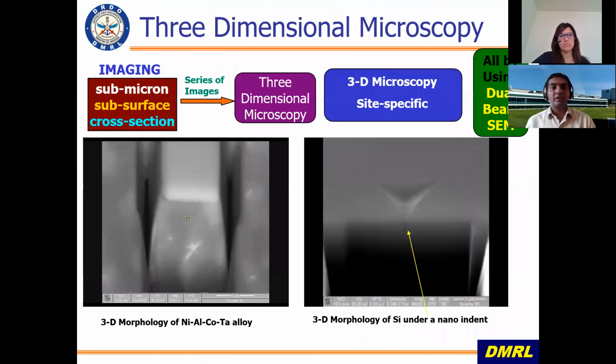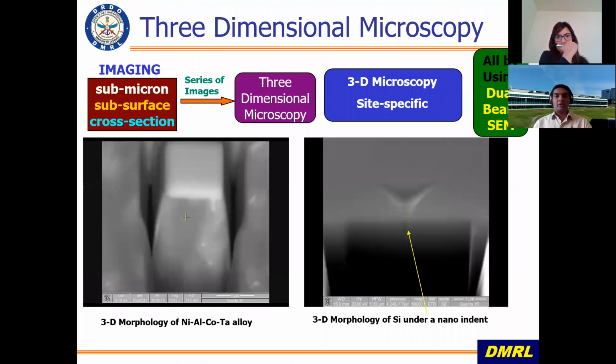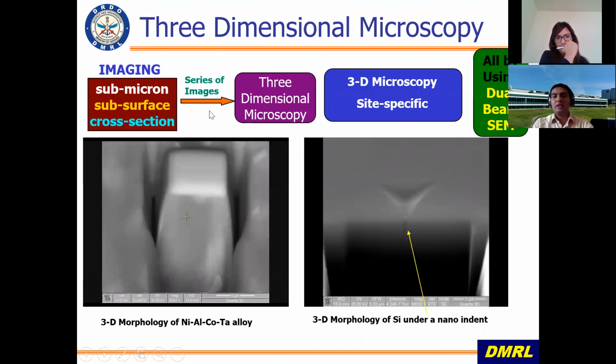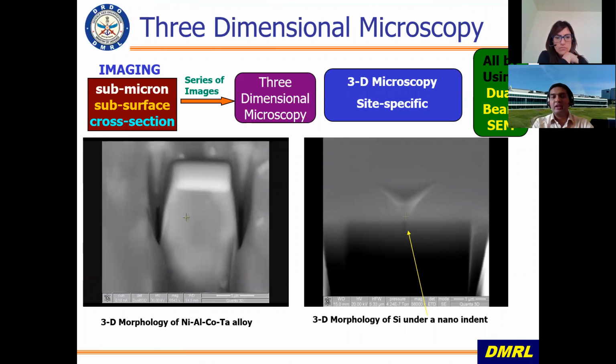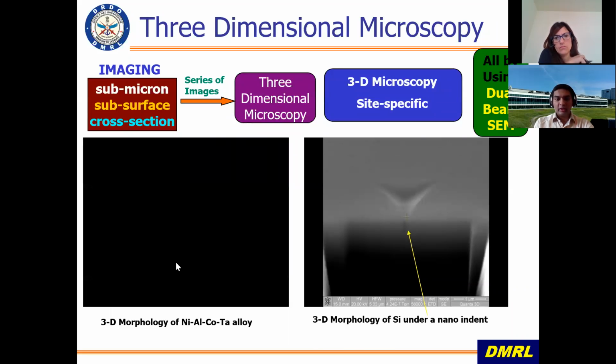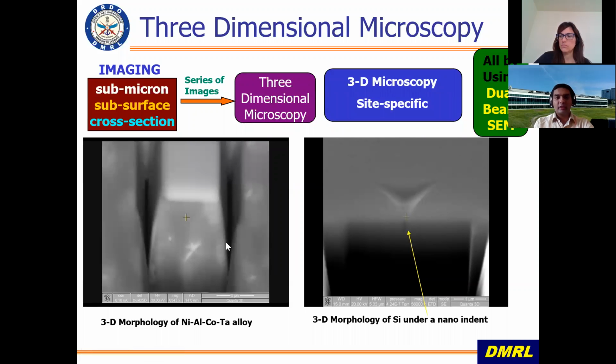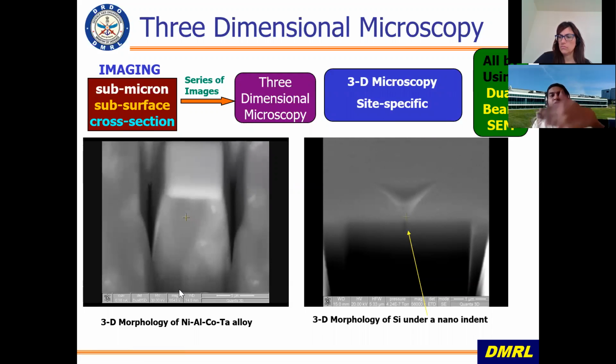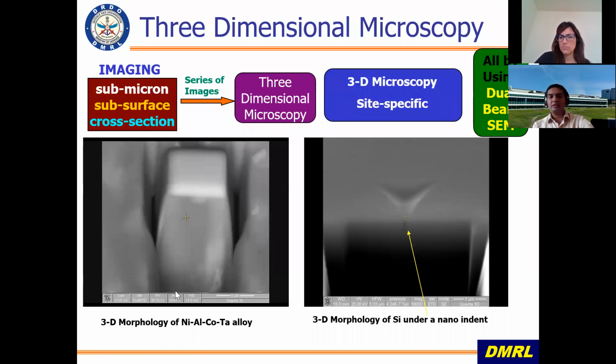Then coming on to another example of what other things we can do. As I showed earlier, we can image a cross section. Now let's suppose we take a stack of cross sections together, we can see the entire sample in a three-dimensional manner. Like we can see here, as we keep moving along the other direction, we keep seeing how the phases evolve in the third dimension.